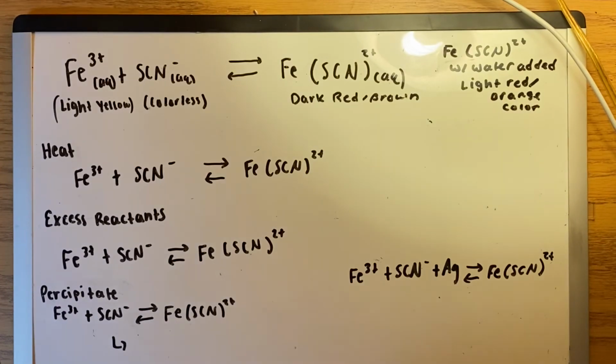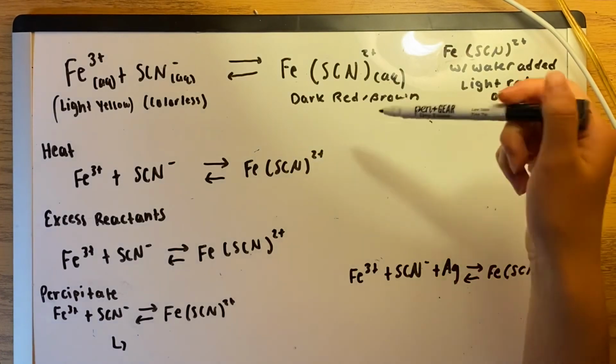Before I start explaining the different stresses that were applied, the Fe3+ ions were in the form of an aqueous solution, iron nitrate, and when the iron nitrate was mixed with the potassium thiocyanate, which was also an aqueous solution, the two reacted and produced a dark red color.